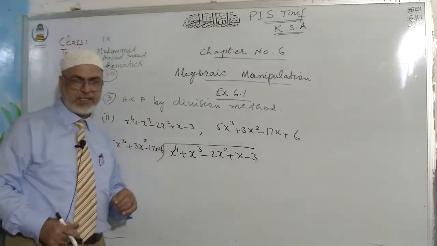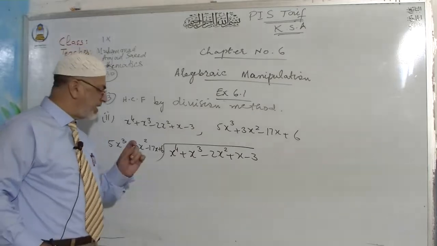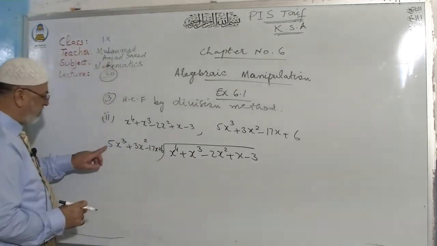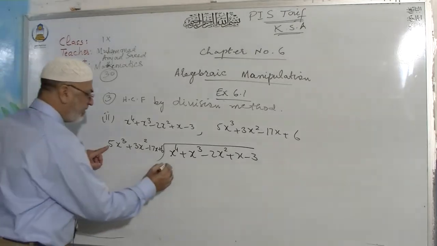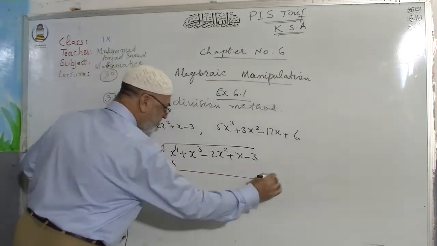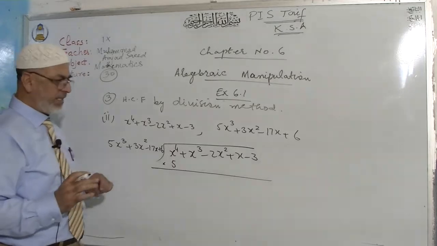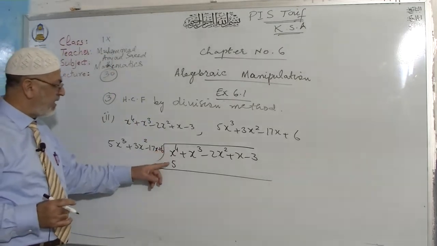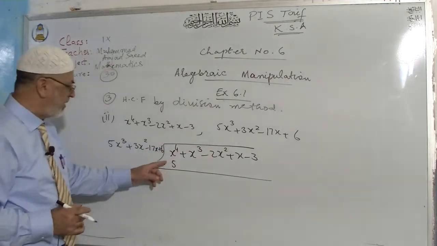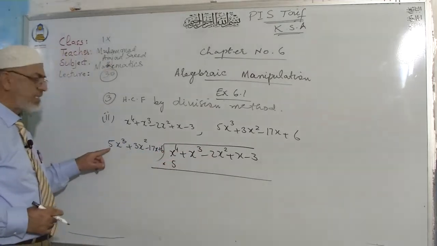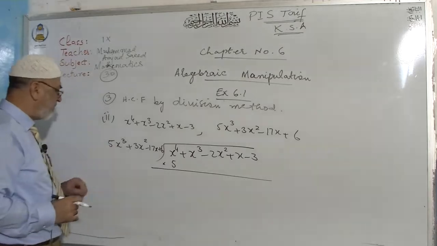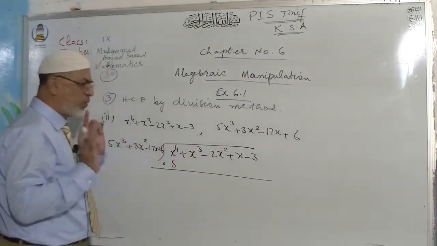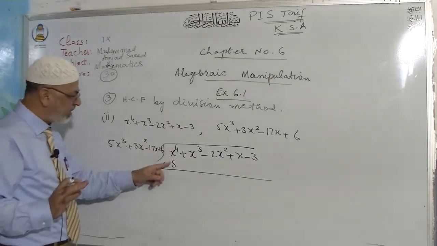So in such cases, the important thing is that you multiply this whole expression by the same number, then it will be divided. To make the suitable expression, you multiply the whole expression by 5 so that you have the same coefficient. For example, if it was 2, you multiply the whole expression by 2. If it was 7, you multiply by 7.